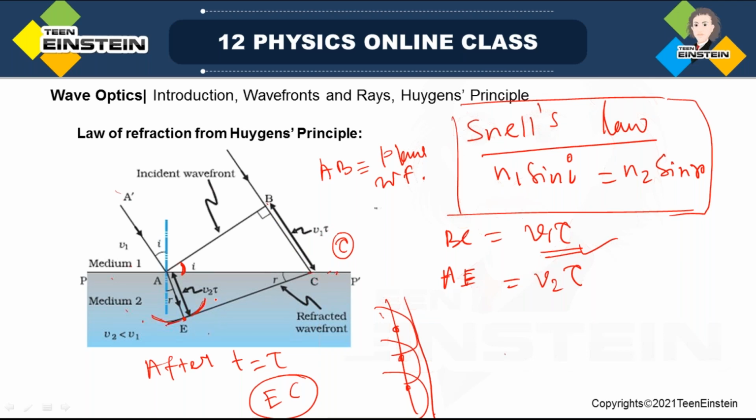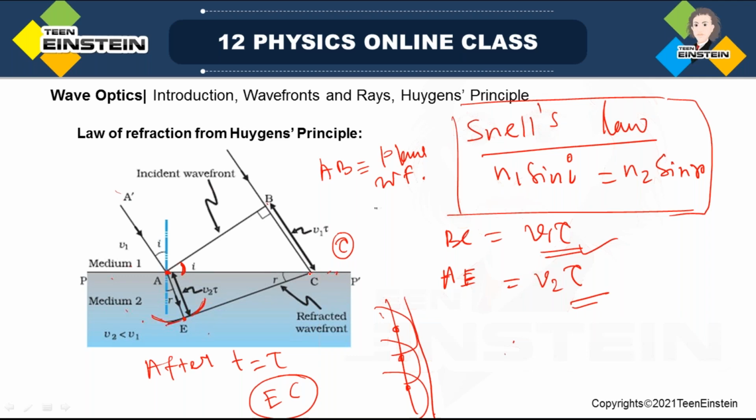See, in medium 2, the light has velocity v2. So if this point A creates a wavefront, that will travel up to AE, which is equal to v2 into tau. I'm drawing a sphere with this radius v2 into tau.